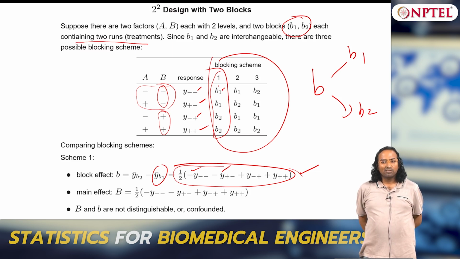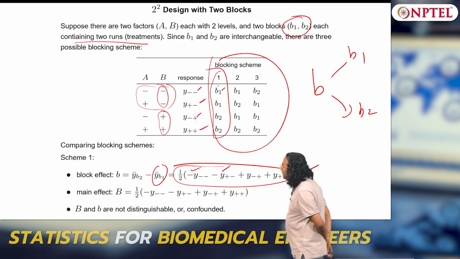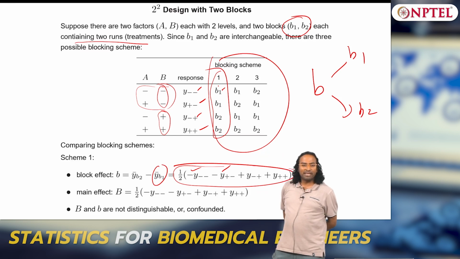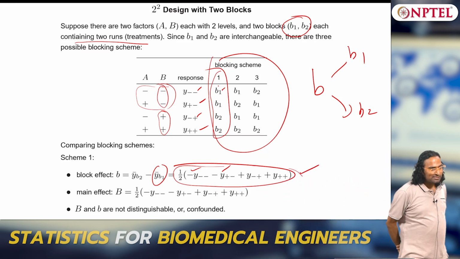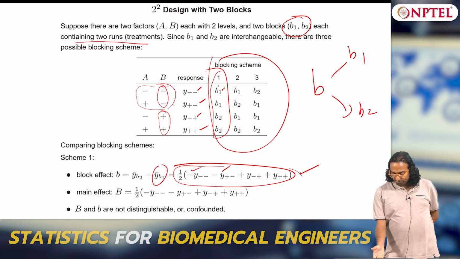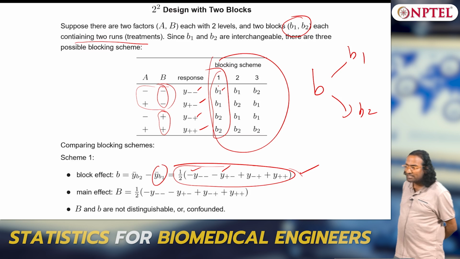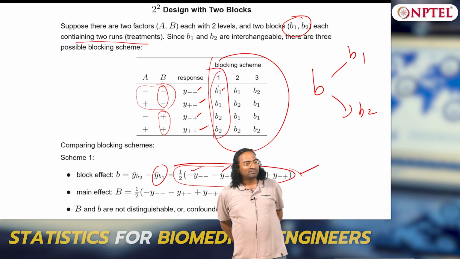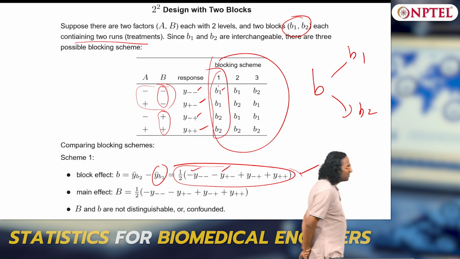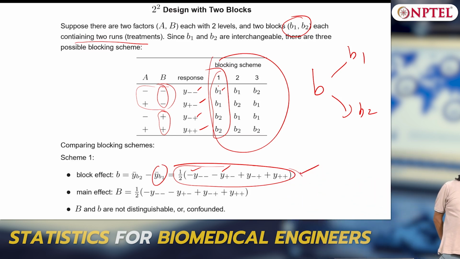It will be the same as the block equation. You see the point? In the 2 power 2, just write the B equation, effect of B. Effect of B is B high minus B low, you can write that. That is the main effect of B, and use blocking scheme 1 and write the block equation, B2 minus B1.